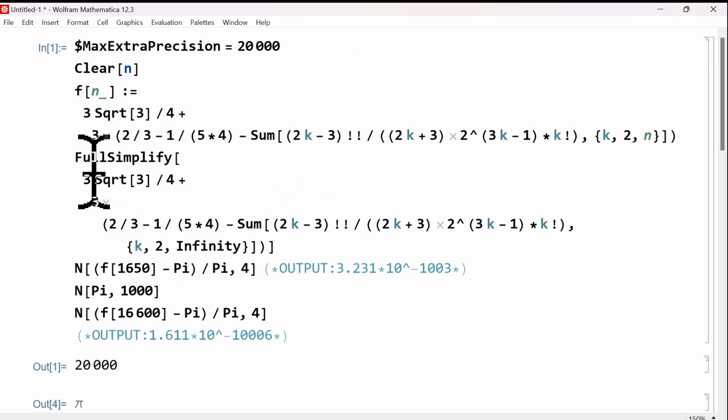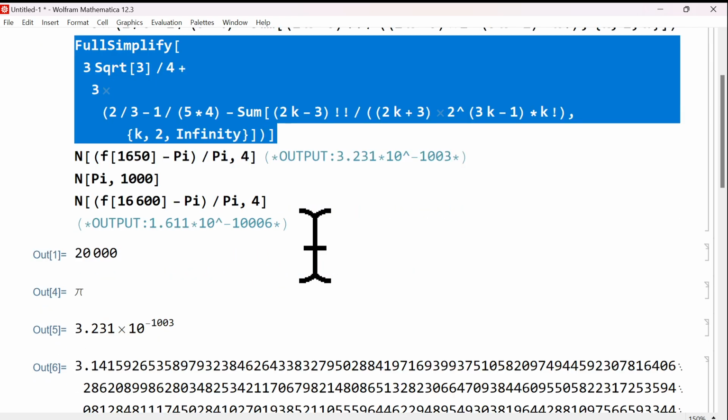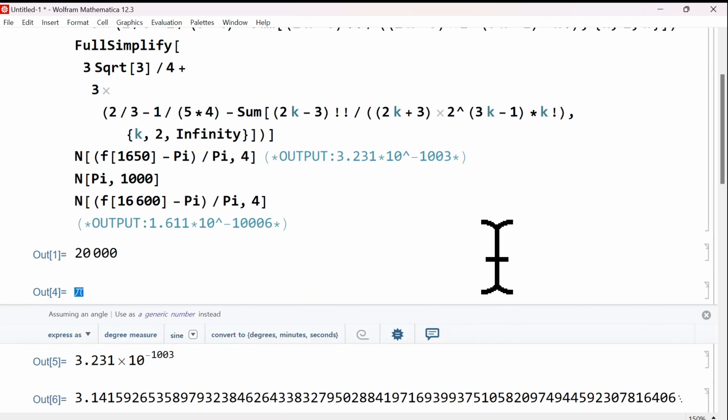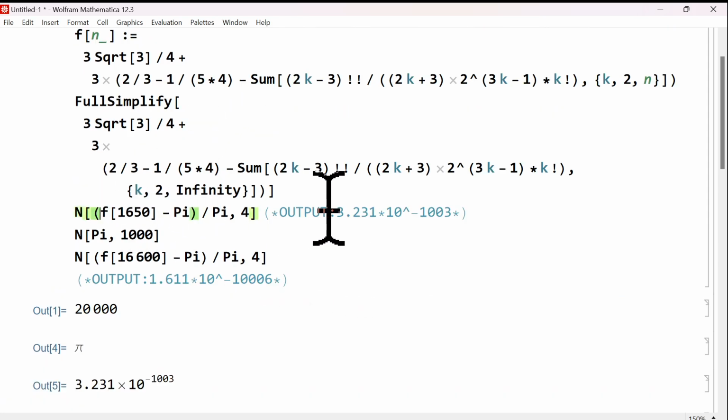And then I asked Mathematica to evaluate the infinite sum, and it has its own table to find that it is exactly pi. Next, we compute the numerical value by summing a partial sum.